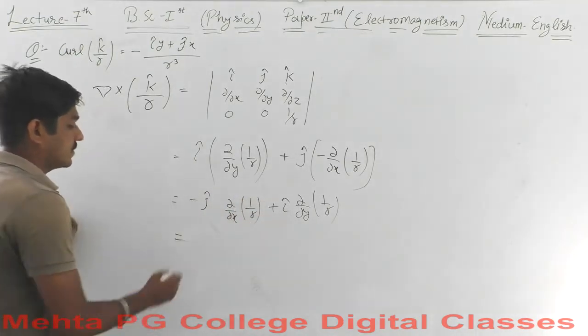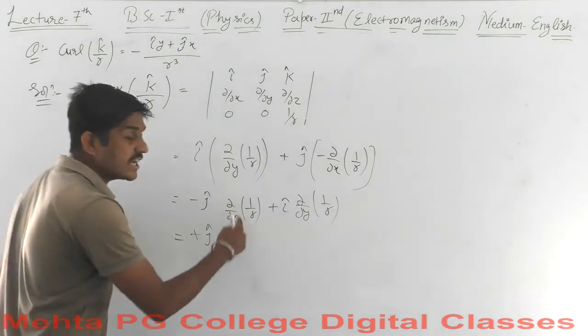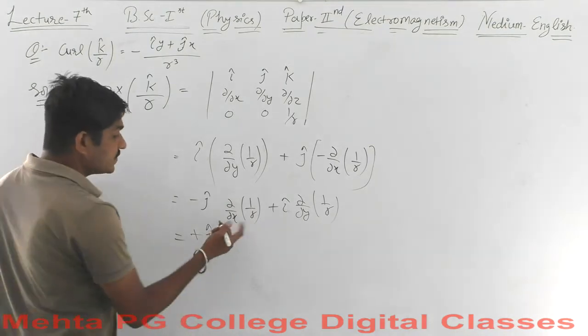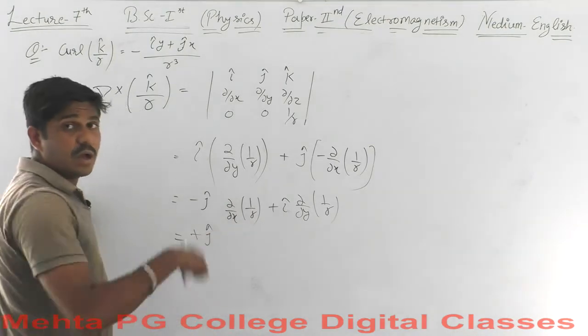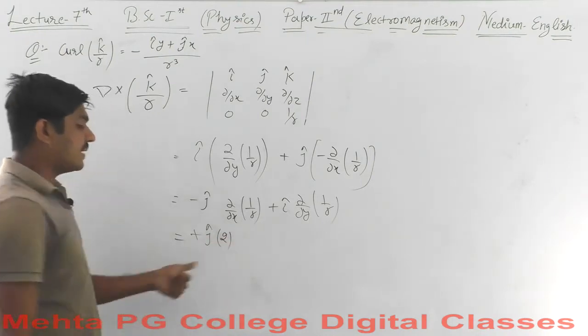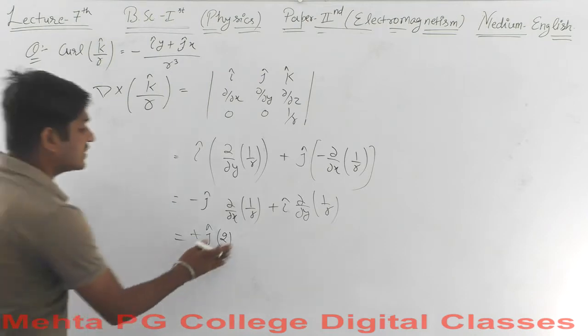Okay, let me say this is positive j cap because we have differentiated 1 over r for this. So the value will be minus 2, this is multiplied with 2, so the minus minus is positive here. Sorry, there is no 2.